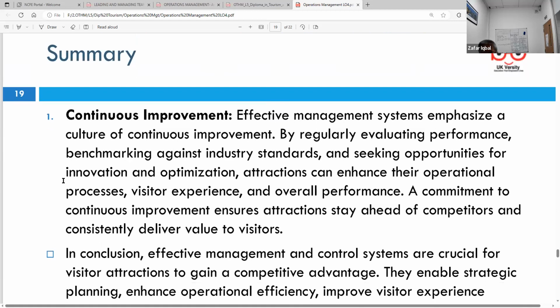Benchmark, you look at the industrial benchmark standards or measurements, and you compare yourself with another attraction somewhere else, or somewhere else in another country. For example, Blackpool has a good tower, as Paris has a tower, right? So both are similar.